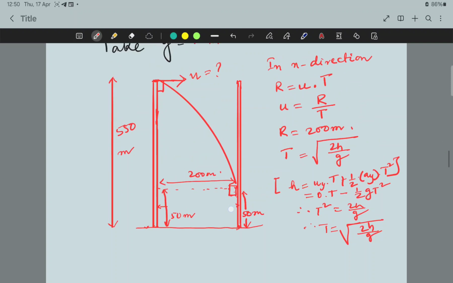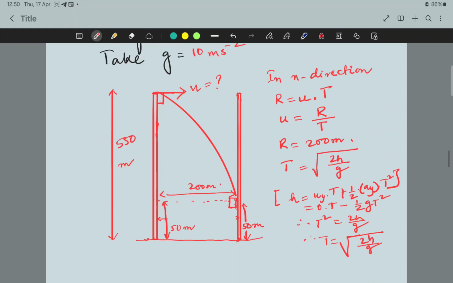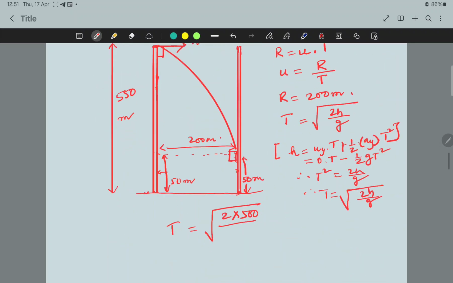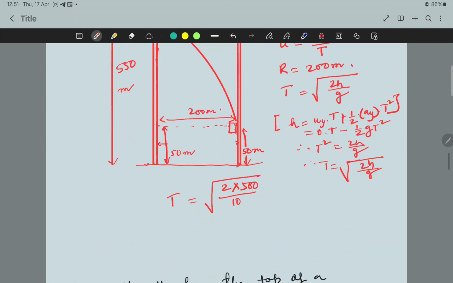So h here is known to us. Now you see that the height will be 500, because 550 minus this distance 50 meter. So in place of h we will put 500. So root over of 2 multiplied by 500 upon g, which is given here as 10.